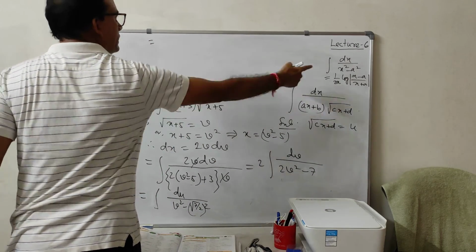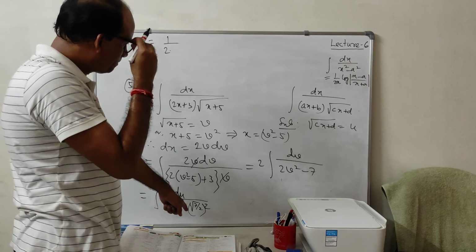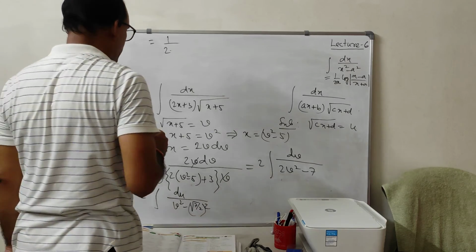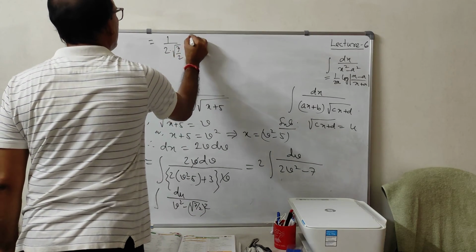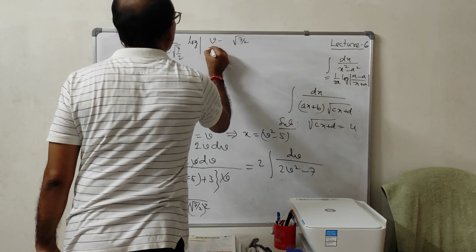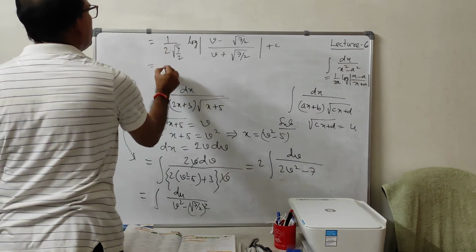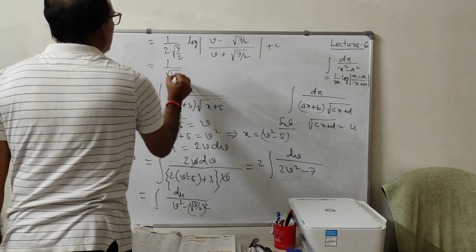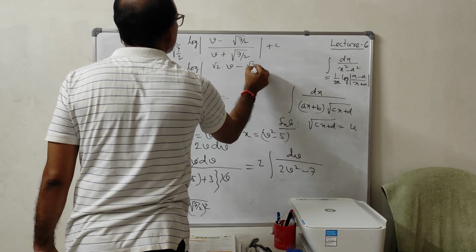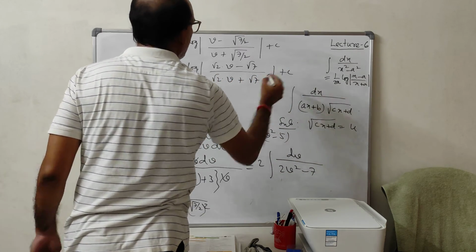So see that standard integral, 1 by 2, root over of 7 by 2, log mod v minus root over of 7 by 2 divided by v plus root over of 7 by 2, plus c. And this will be 1 over root 14 log mod root 2 into v minus root 7 by root 2 into v plus root 7, plus c.